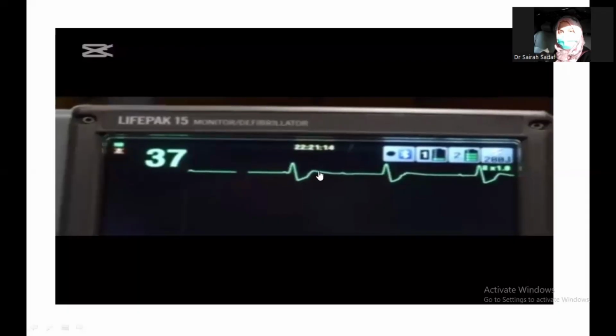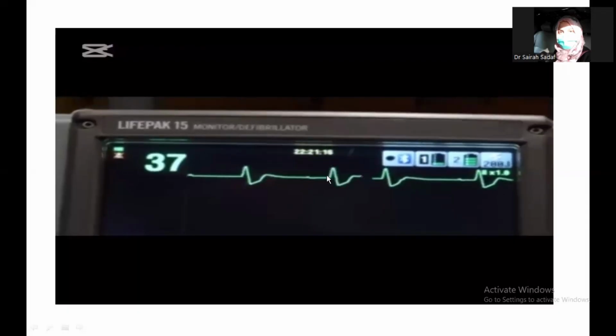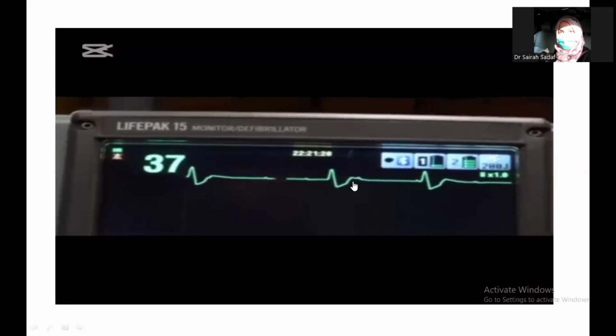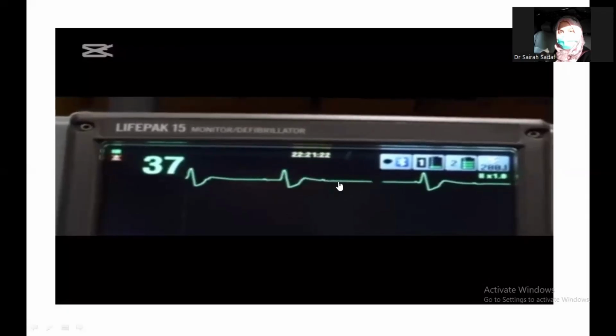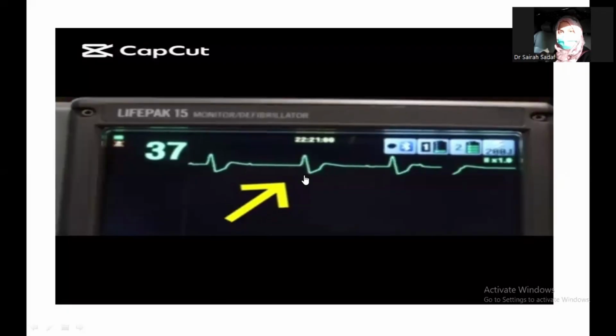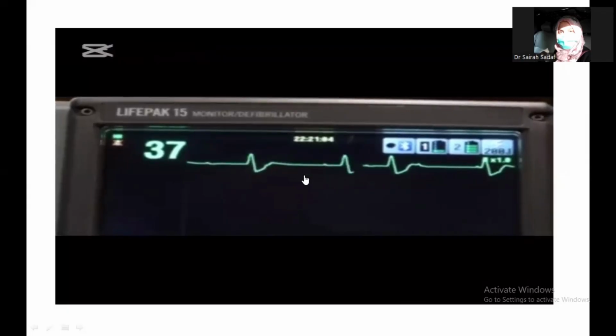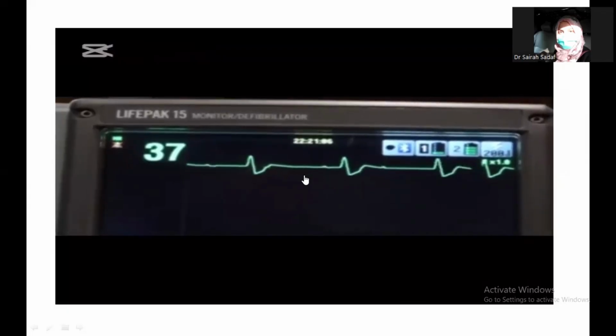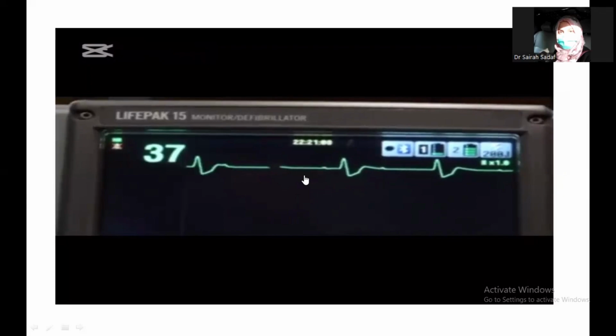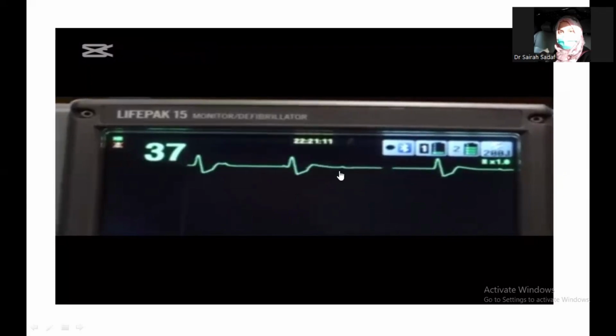QRS complex is coming on its own. These are the QRS complexes, Dr. Humaira, as you can see where my cursor was. So this is the third degree AV block. Total dissociation between the two. First of all, the dissociation between P and QRS complex, and secondly, PR interval is not fixed.